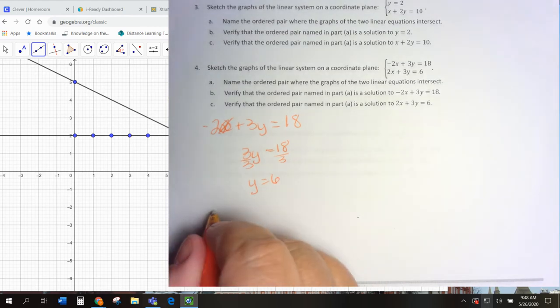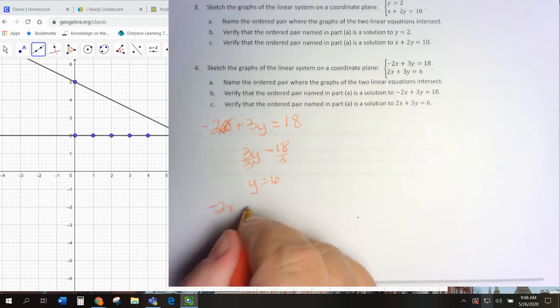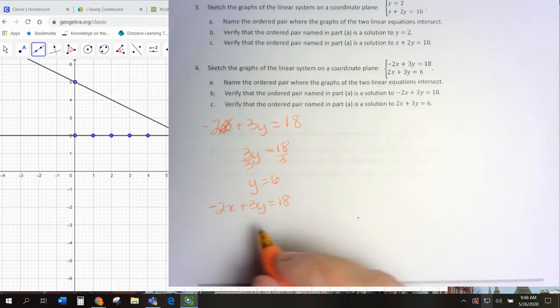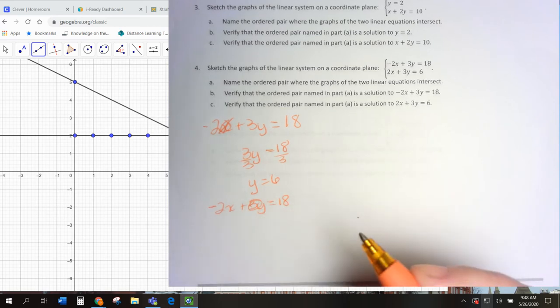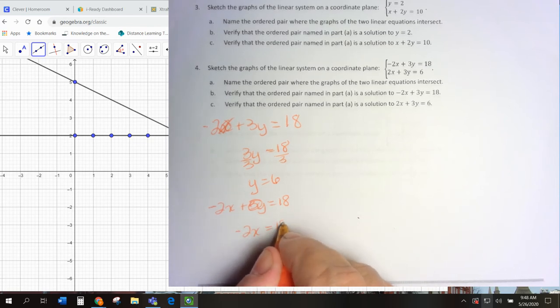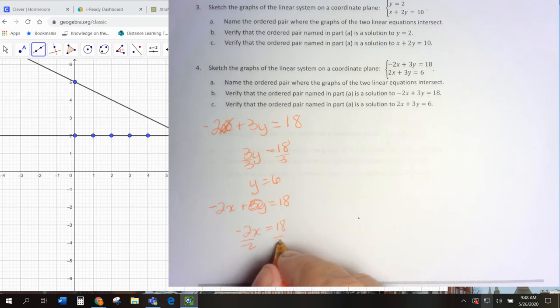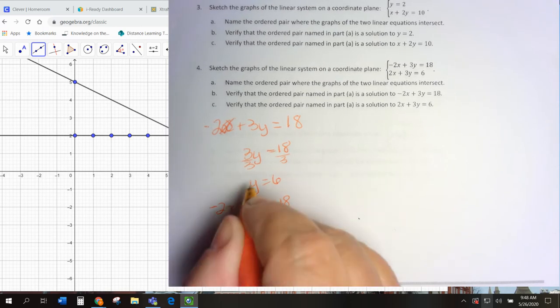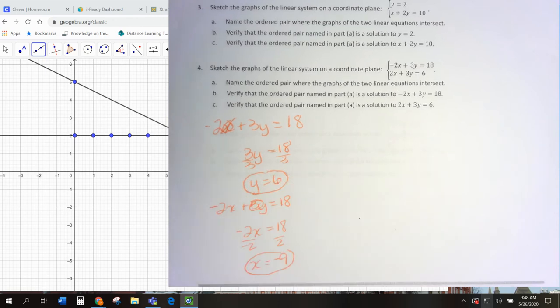And if I go negative 2x plus 3y equals 18, and I make y 0, it's all going to be 0, so then I have negative 2x equals 18. I can divide by negative 2, and x will be negative 9. So these are my x and y intercepts here.